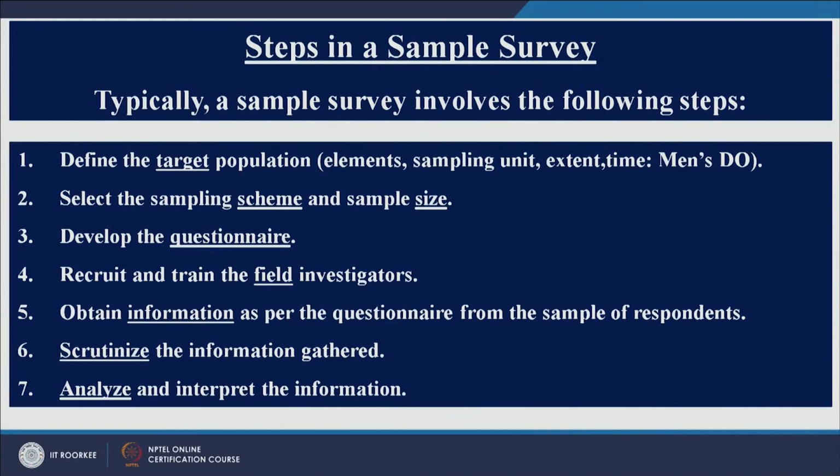So let us look at a couple of steps in the primary data collection process or market survey. So first of all, you need to define the target population. It's not population, right? Population is everything, all the elements are covered in population, but target population is a part of population, right? So let us say if I want to know what would be the demand of a razor blade, right, for shaving.